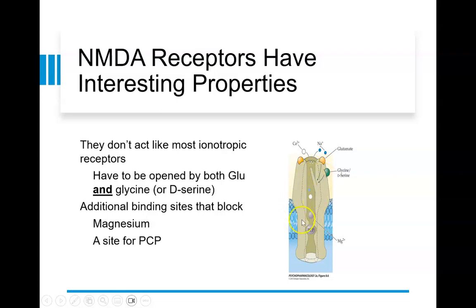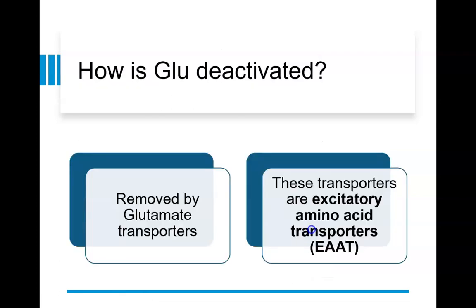And in addition to this, there are binding sites that may block ions from entering. So those of you who have had me in biopsych have already heard that NMDA receptors have a magnesium block. The cell needs to slightly be depolarized so that magnesium can basically move and those ions can enter. But you may not know that NMDA receptors also have a site for binding to PCP, which we will talk about later on in the semester.